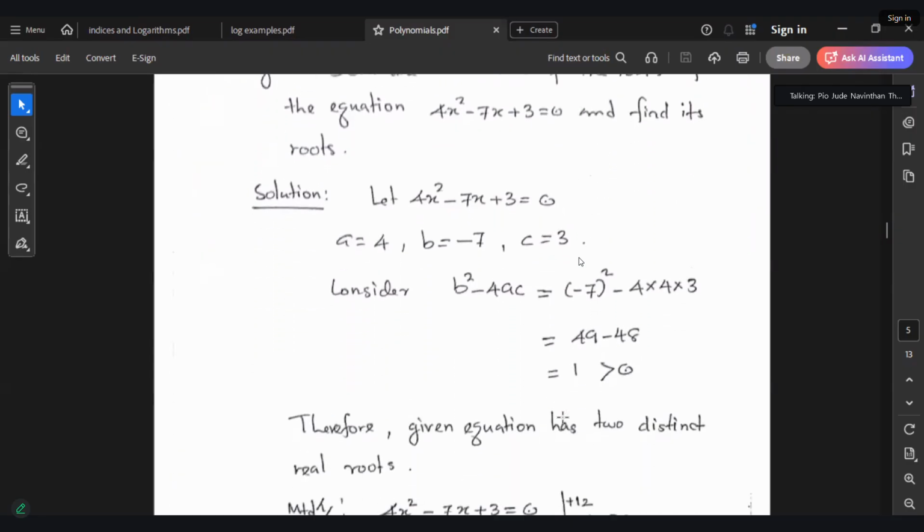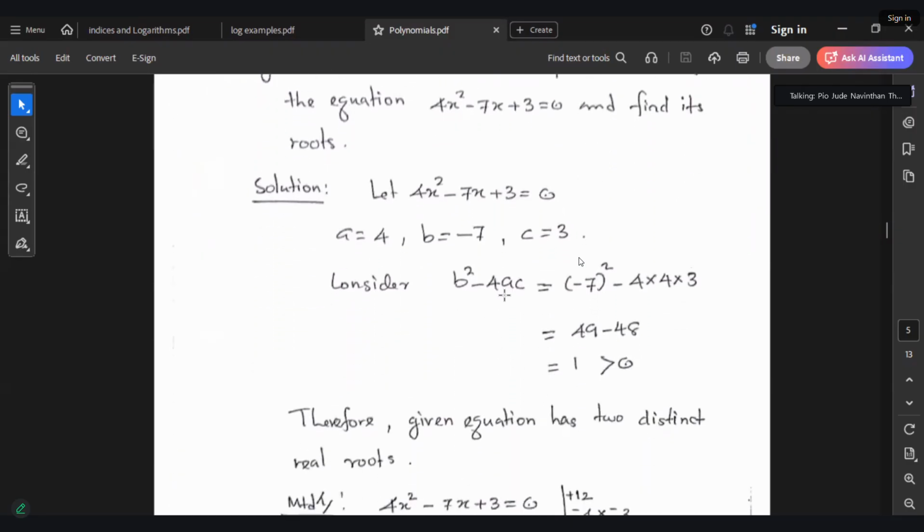Okay. So our formula is b square minus 4ac. This minus is from our formula, that is the default. Minus 4, into a, which is 4, into c, which is 3.